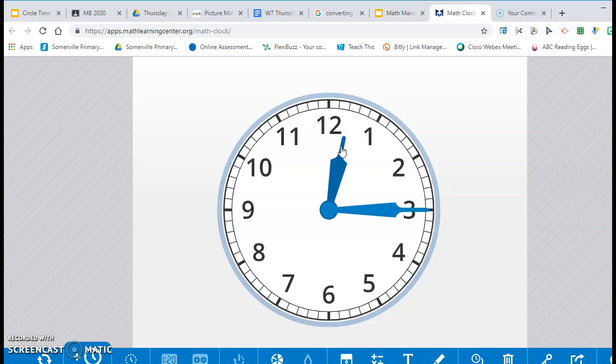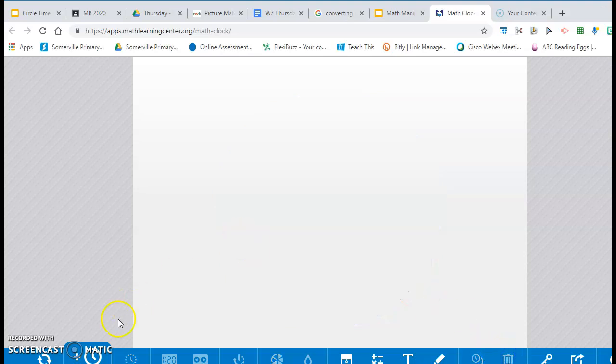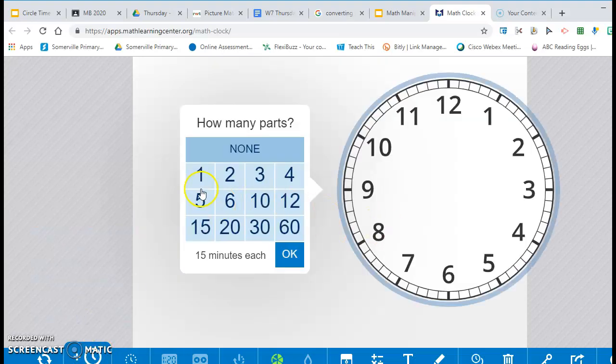We've only gone quarter past. So this is quarter past 12, quarter past 1, quarter past 2, quarter past 3, quarter past 4, quarter past 9, all the way.